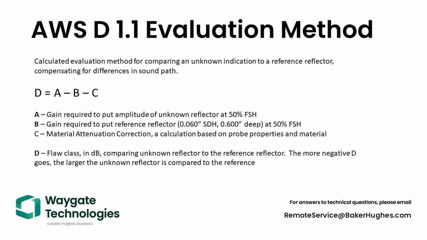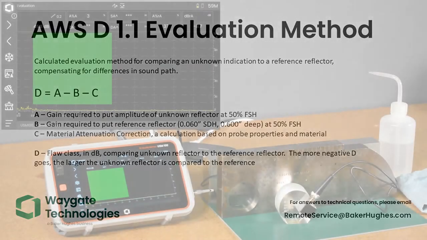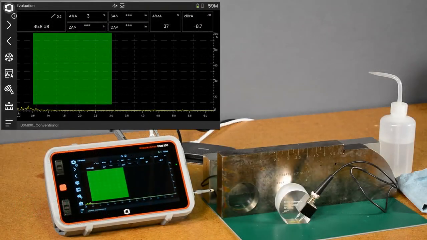You take the gain for the current echo under evaluation, A, subtract the reference gain from that, and subtract the material attenuation correction from that, and that gives you a result in decibels that represents the class of the flaw. So we're going to walk through how to calibrate for this, and then we'll look at a couple of holes in a multiple hole sample, to give you an idea of how the evaluation works.